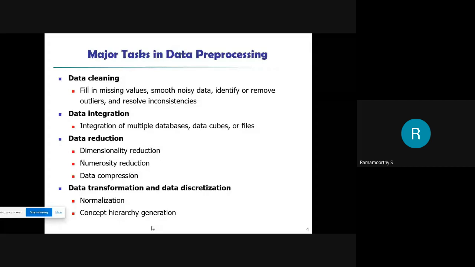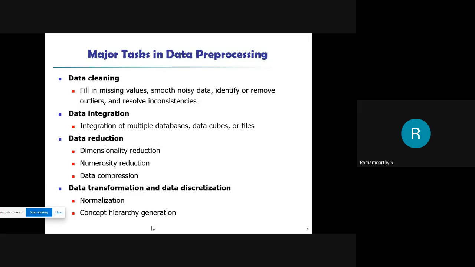So first you need to clean the data by filling the missing values and removing noisy data. That process is called smoothing the data. Identify or remove the data which falls out of that range, called outliers, and then resolve the inconsistency issues in the data.